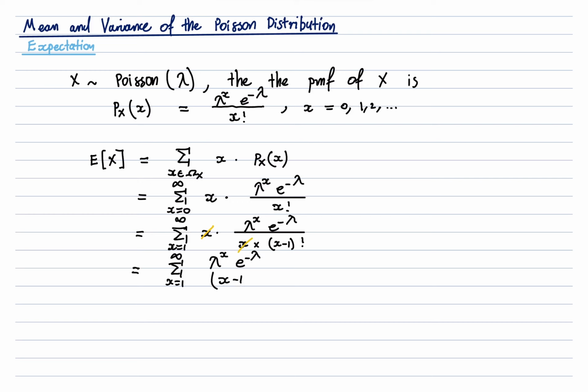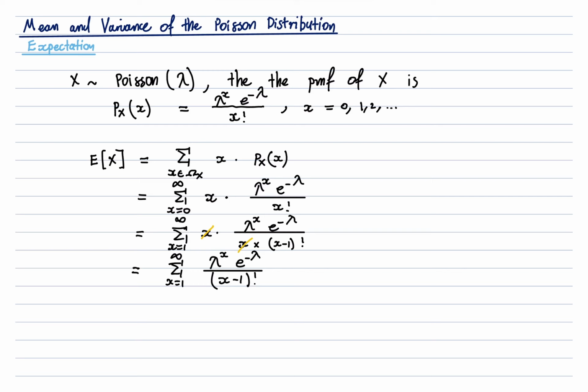x minus 1 factorial. Now, the next step is perhaps not an intuitive one, but one that is common when trying to derive an expression for the expectation, particularly of discrete random variables.